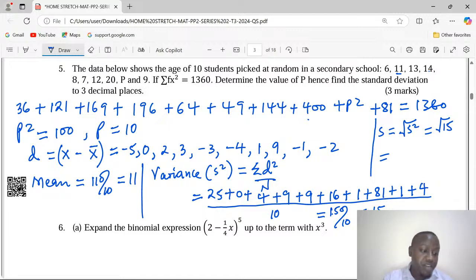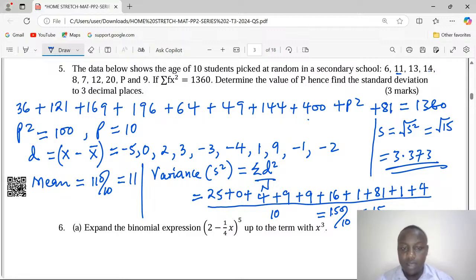This is going to be 3.873 to an accuracy of 3 decimal places.